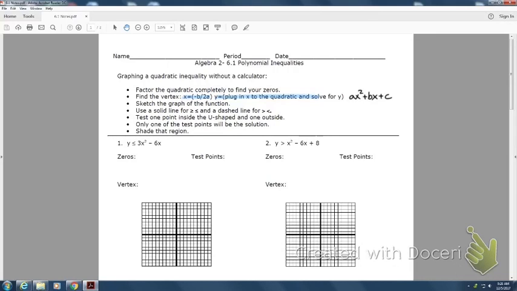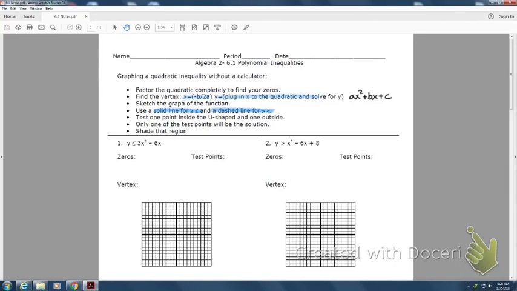You need to pay attention whether or not the inequality has an equal to underneath it, because it will be solid if it has that equal to underneath it. It will be a dashed line if it does not. Using the two test points, and you'll see what I mean whenever we do this, you're going to pick a test point inside the parabola, and a test point outside the parabola.